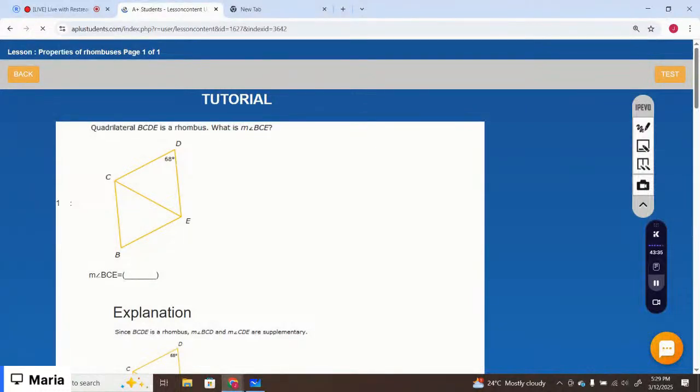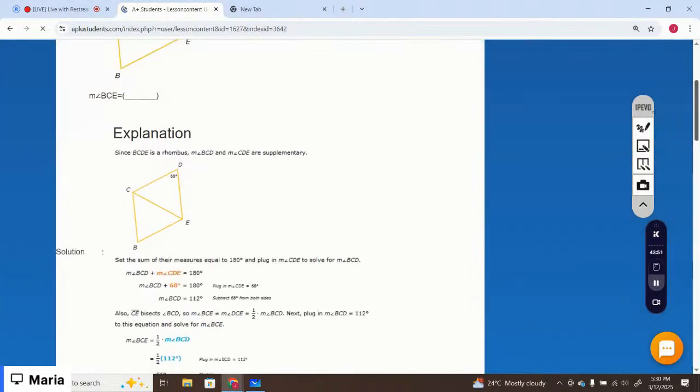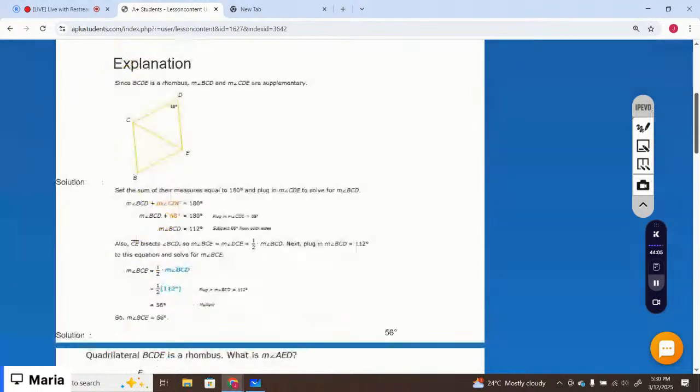Quadrilateral BCDE is a rhombus. What is the measurement of angle BCE? Angle C and angle D measure 180 degrees. So 180 minus 68 is 112. You have to divide it by 2.